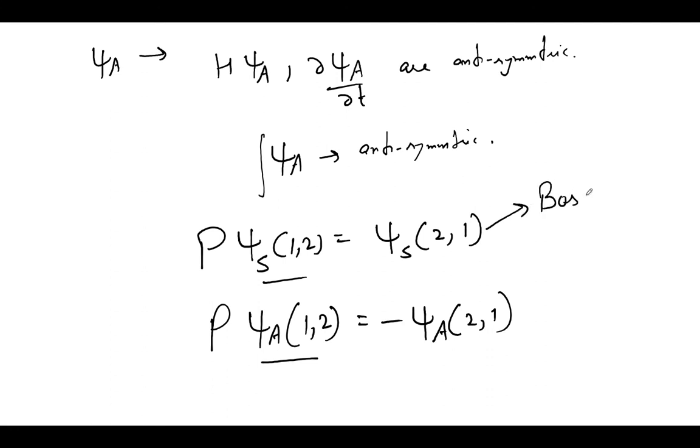All those particles having integral spin come in the category of symmetric wave functions, and they obey Bose-Einstein statistics. Examples of bosons are photons, the neutral helium atom in its normal state, and so on.